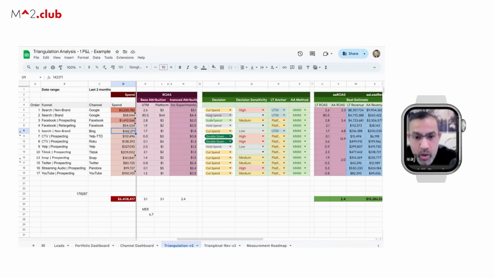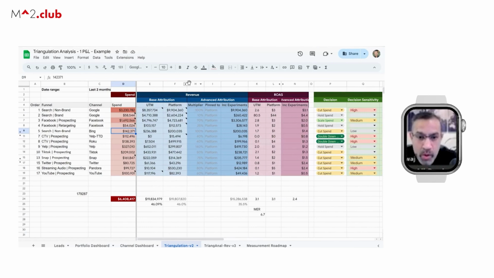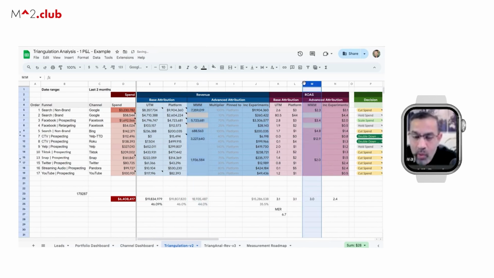So we typically go through this process to figure out which of these channels, what decisions I'm making, and how sensitive they are. Then what we do is go and build an MMM. Now I'm going to show you the MMM estimates here. What the MMM does is dial in these estimates, as opposed to just looking at last click data. You're now able to look at last click along with a causal estimate.